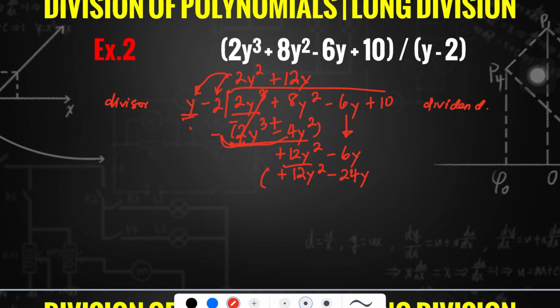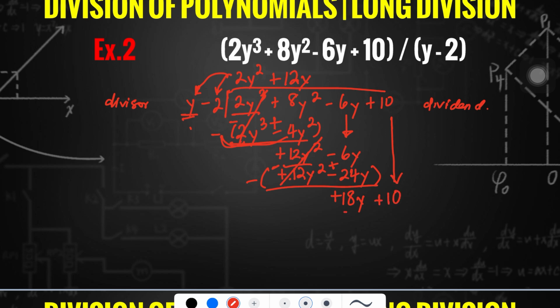Subtract them. I'm going to change the sign, negative, positive. 12y squared minus 12y squared cancel because it's 0. And then positive 24y minus 6y, that's positive 18y. And then bring down the 10, positive 10.